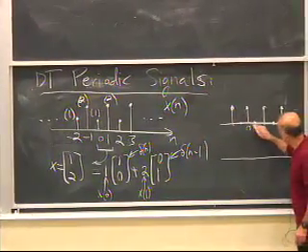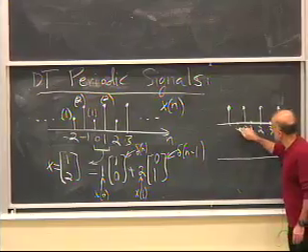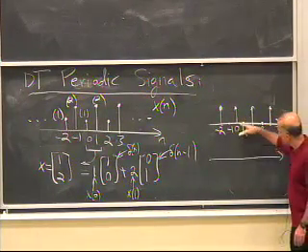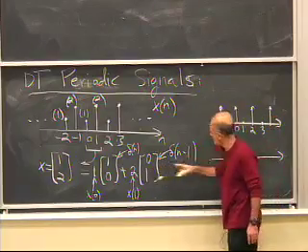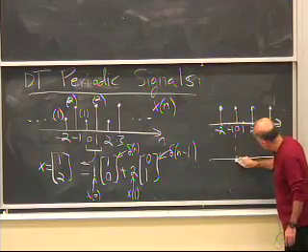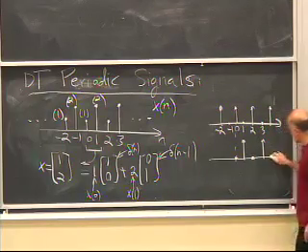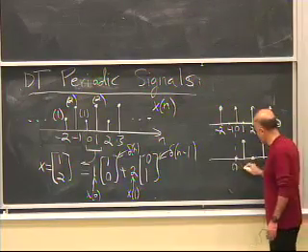So this would be 0, 1, 2, 3, minus 1, minus 2. And then the other one, corresponding to this, would be 0, spike, 0, spike, 0, spike.